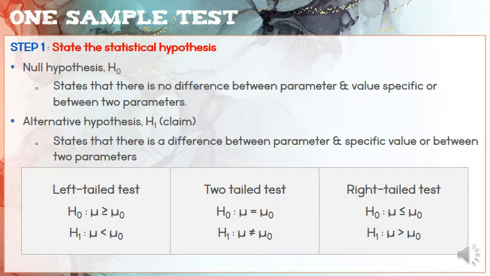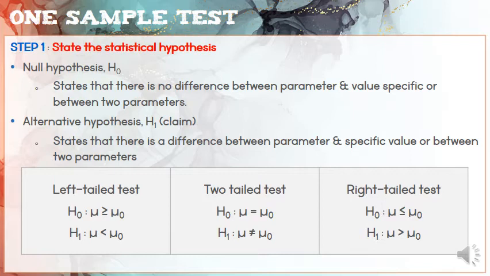Okay, these are the steps. Fixed step you follow, you should be able to answer properly. So, since tadi kita nak test sama ada the claim is true or not, so the first step you need to do is you need to state the statistical hypothesis, ataupun you perlu bagi tahu what are your hypothesis.